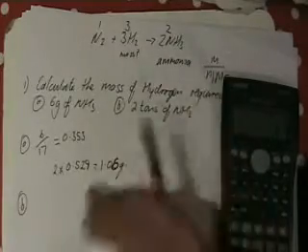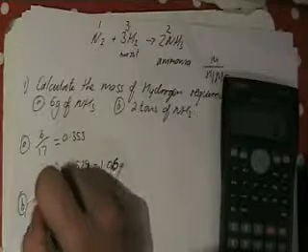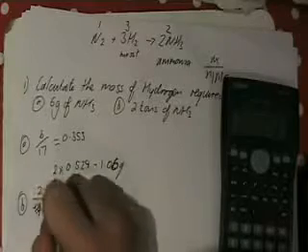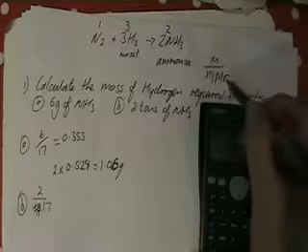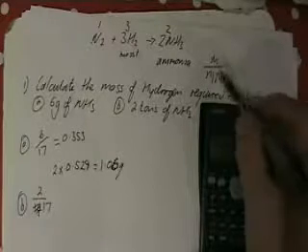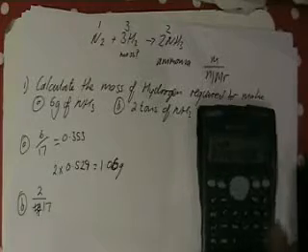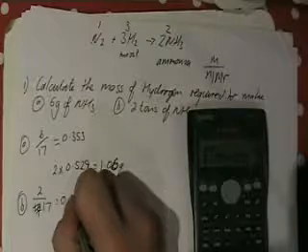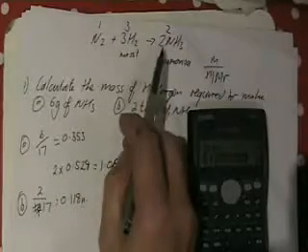If we start working in bigger numbers, we want to avoid that and take the simplest route if we can. So 2 divided by 17, which is the MR of the ammonia. Mass divided by MR gives us moles, so 2 divided by 17 is 0.118 moles of ammonia.